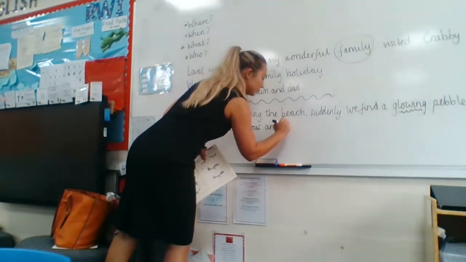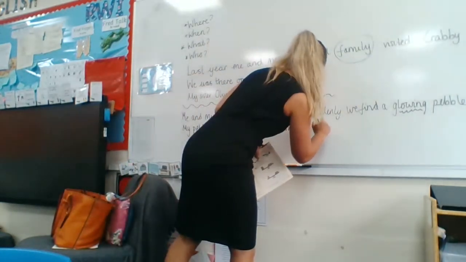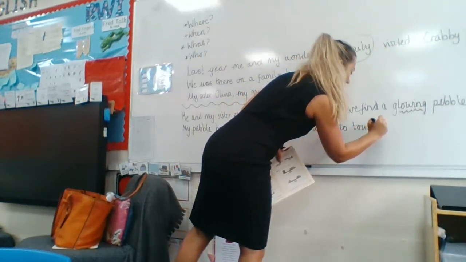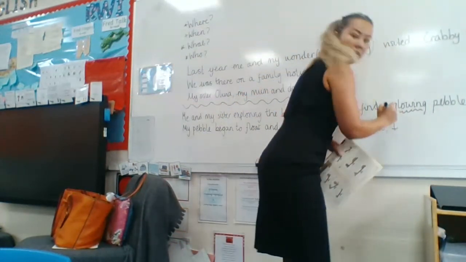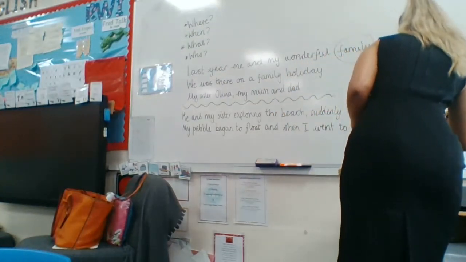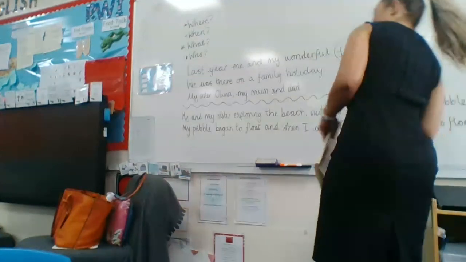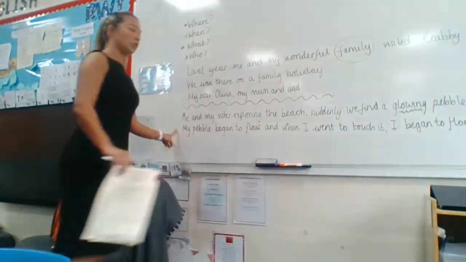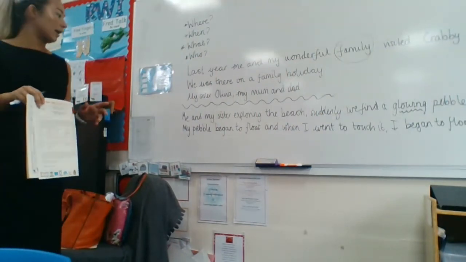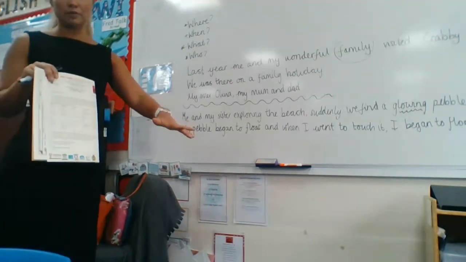And when I went to touch it, I'm going to say began to float with. Now you can have lots of fun with this middle part of the story, but again, just doing the main idea for today. Okay, so I said my pebble began to float, and when I went to touch it, I began to float as well.